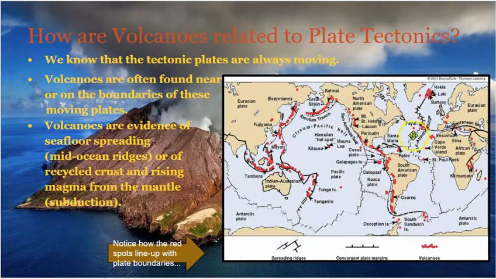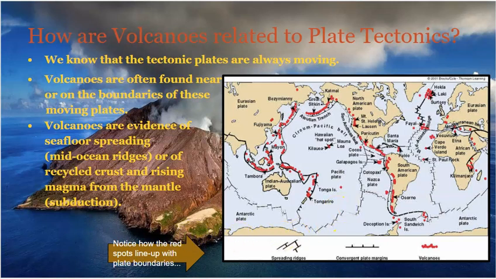And you'll notice that most of these red dots are on plate boundaries, right? So we know that tectonic plates are always moving. And we know that volcanoes, not always, not 100% of the time, but most of the time, are found near or on the boundaries of these moving plates.